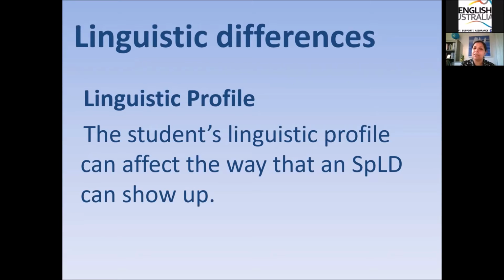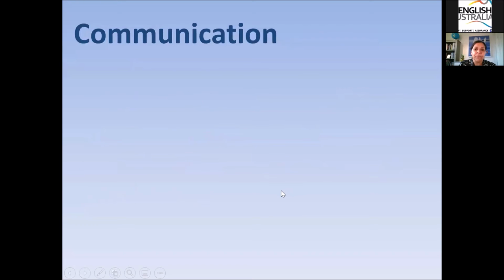Because the script and the pronunciation are so different to the English alphabet. So it's important to remember that as well. And again, it's very difficult to identify in Chinese learners, Japanese learners, etc. It shows up in different ways with learners from those countries.